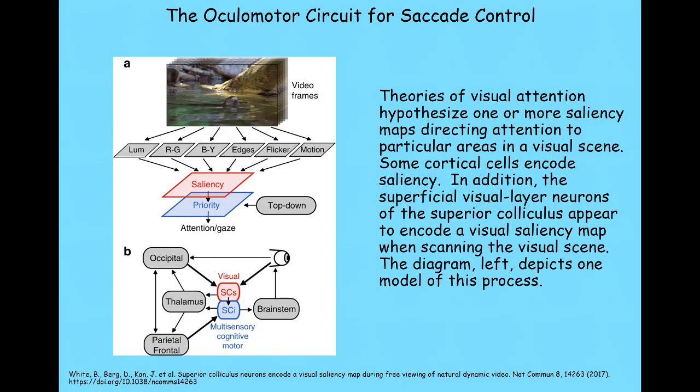The diagram on the left here depicts one model of this process from this article by White, where I pulled the diagram. So we have our occipital lobe, our parietal, frontal, our thalamus, our brainstem, which controls the actual motions in our eye. So the work by White and colleagues suggests that the superior colliculus actually encodes saliency and priority and uses it via the brainstem to drive saccades.